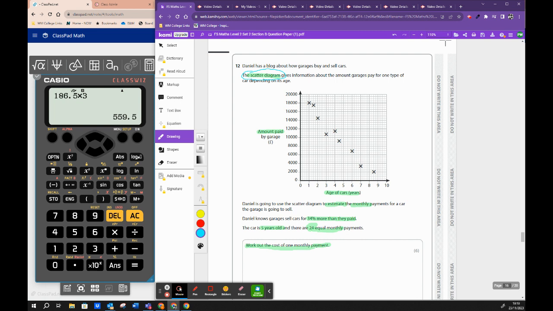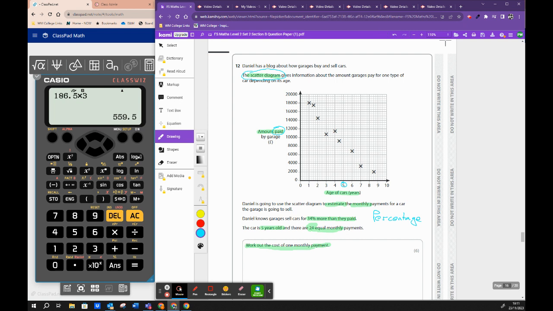We'll end up working out something for a car that's 5 years old, and then we've got to do this percentage calculation, because our chart is going to tell us how much the garage pays, and the garage then sells it for an amount more than this, 34% more than they paid.